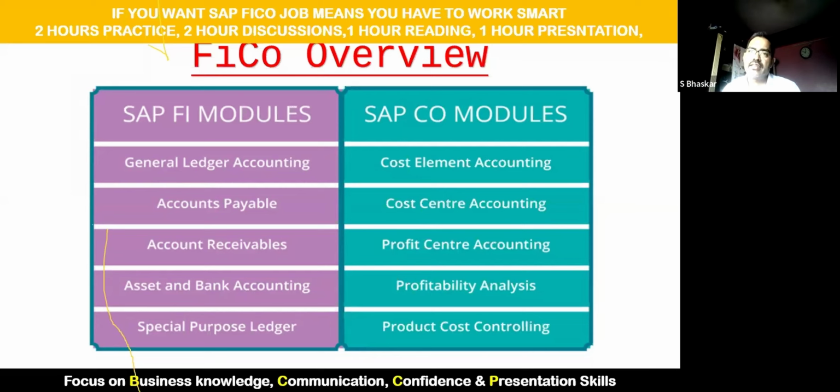Administration cost means your head office rent, your head office employee salaries, your director salaries, your head office account expenditure; all are your administration expenditure. And activities: whenever you want to manufacture any kind of product, you are going to do several activities, such as cutting, punching, bending, painting, packing, marketing, and selling activities.